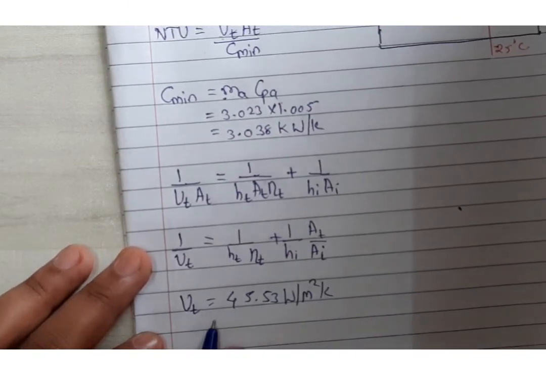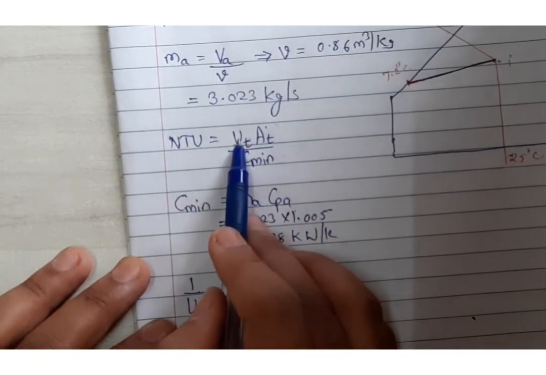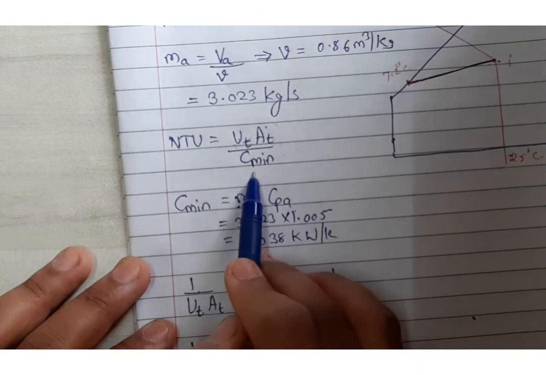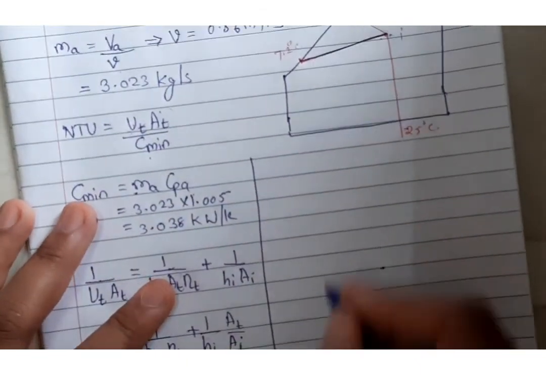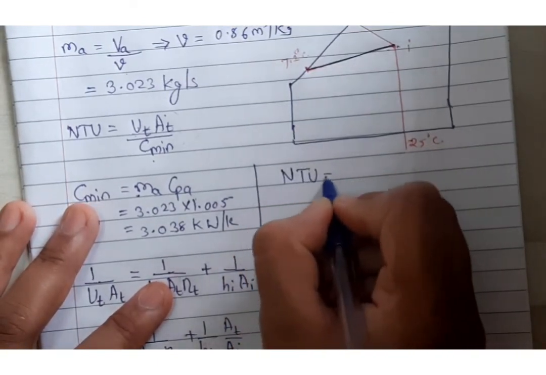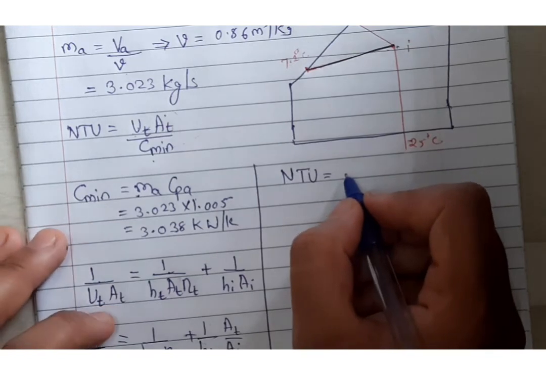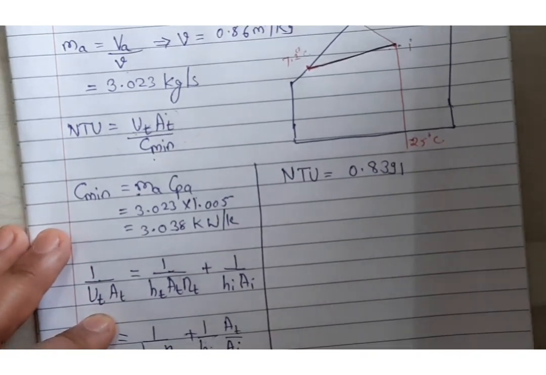Now once UT is known to us, from this equation you can see UT is known to us, AT is known to us, C minimum is also known to us. So we can find NTU by putting all these values as 0.8391.